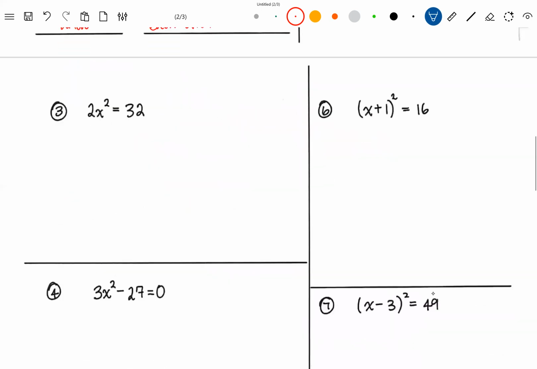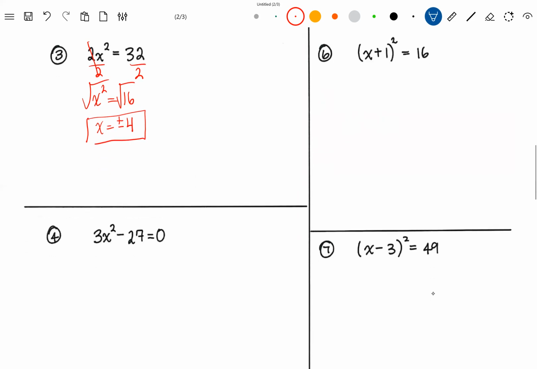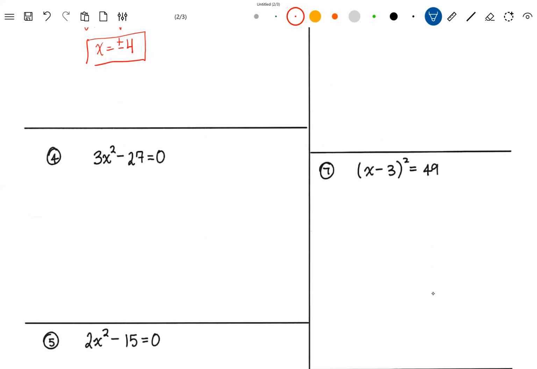So number 3, what you want to do first is to get the squared term by itself. So divide by 2. So you get x squared equals 16. Square root both sides, so x is positive and negative 4. You could, on number 4, take out the greatest common factor of 3 and then factor.